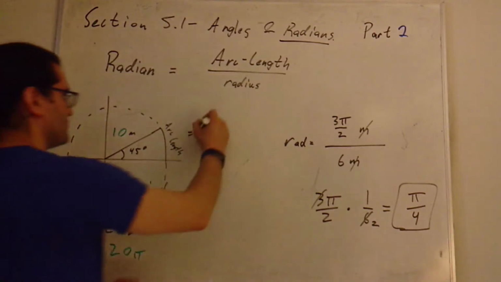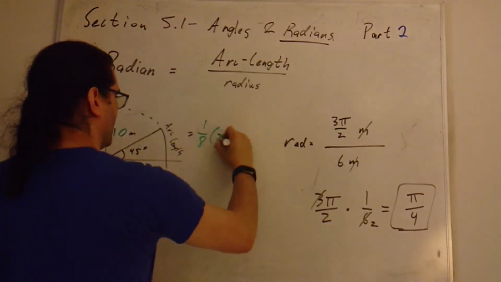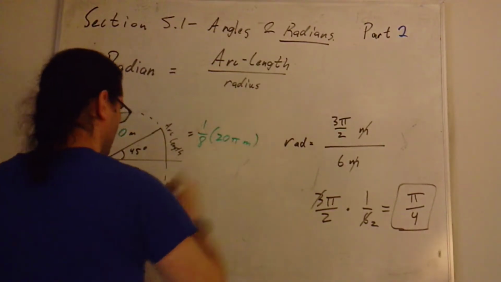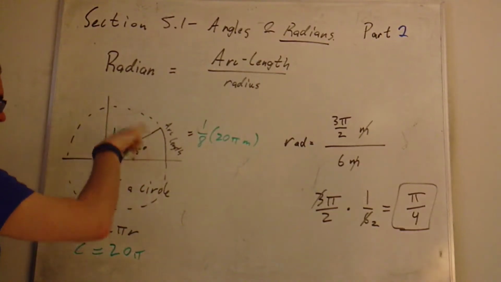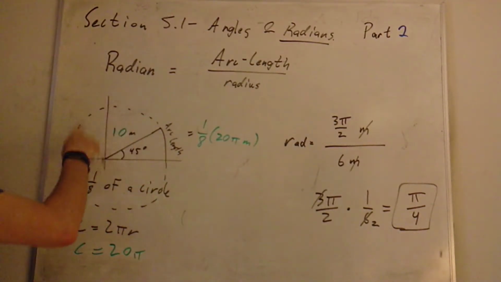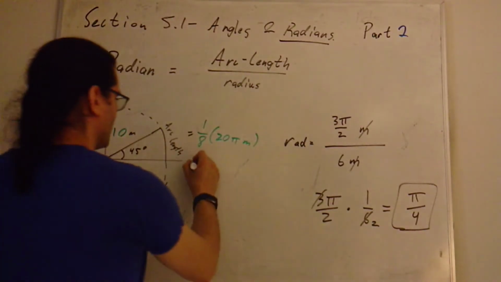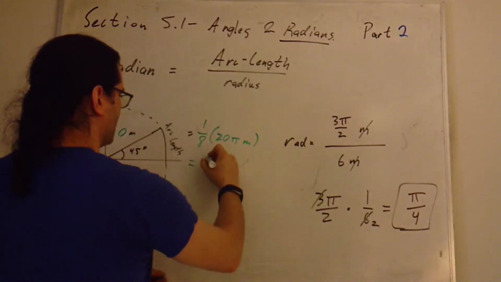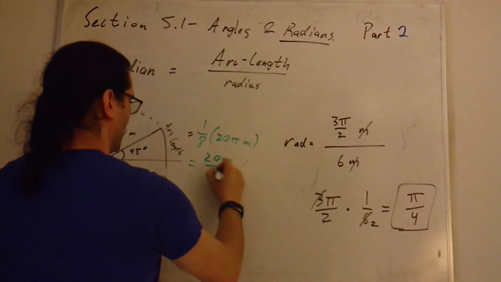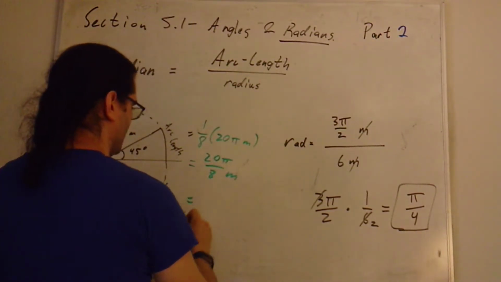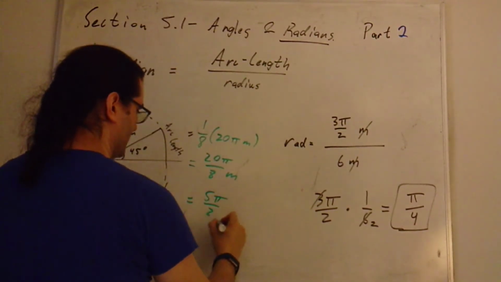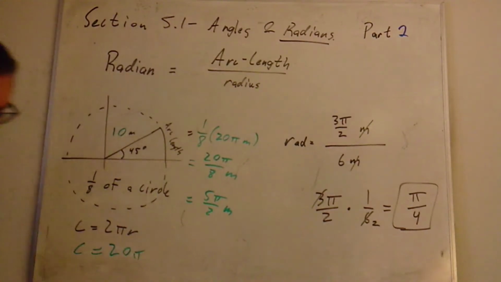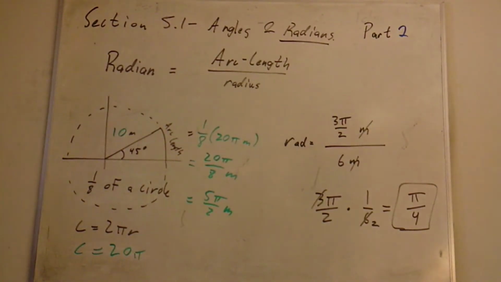So the arc length should be 1/8 of 20 pi meters. Again, 1/8 because 45 degrees we know is 1/8 of a circle. 90 degrees is 1/4 of a circle. This is half of that, so 1/8 of a circle. So this should give us an arc length of 20 pi over 8 meters, which you can simplify by taking a 4 out of each of those to get 5 pi over 2 meters. So 5 pi over 2 meters is our arc length.